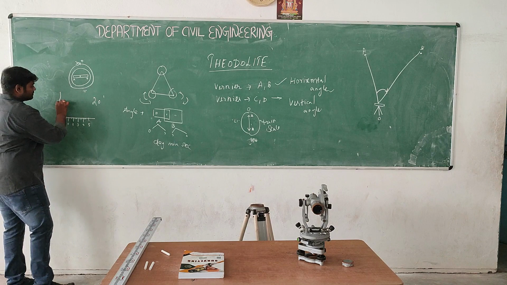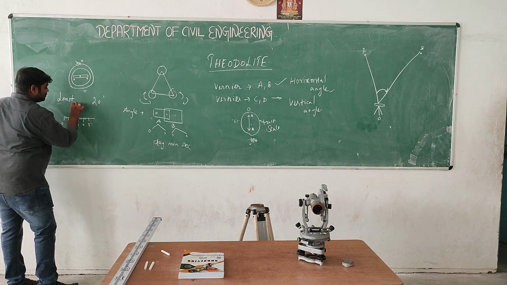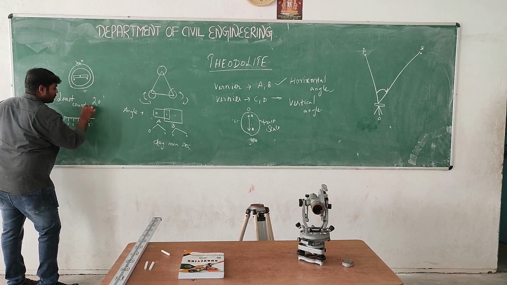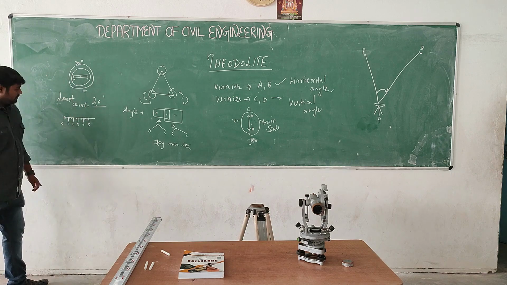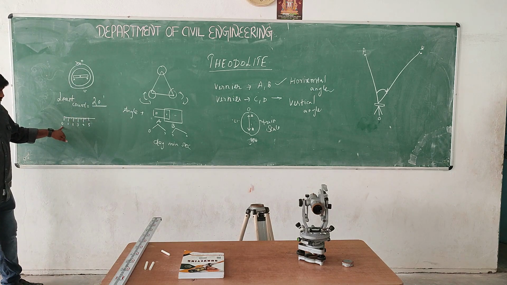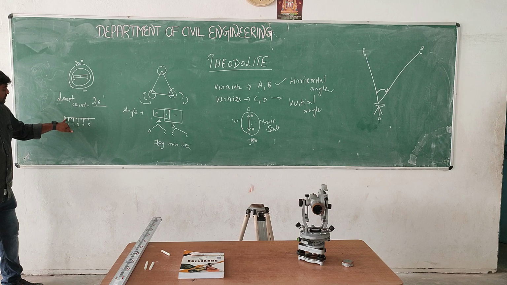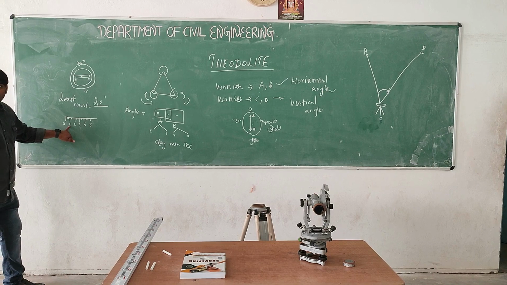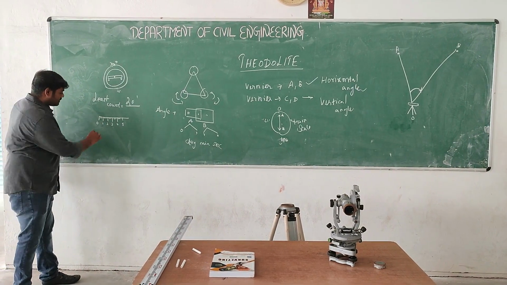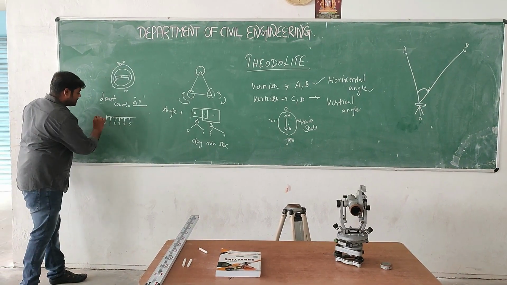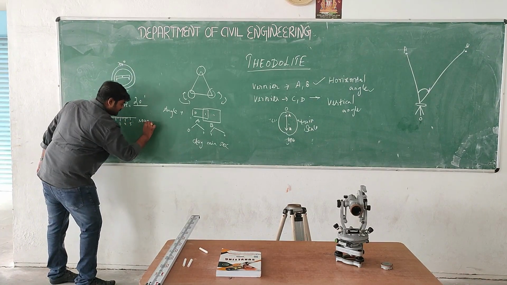The least count is 20 minutes, so this is 0 degree 20 minutes, this is 0 degree 40 minutes. Again, after 40 comes 60, and 60 minutes is 1 degree. So automatically we can find out the main scale reading.